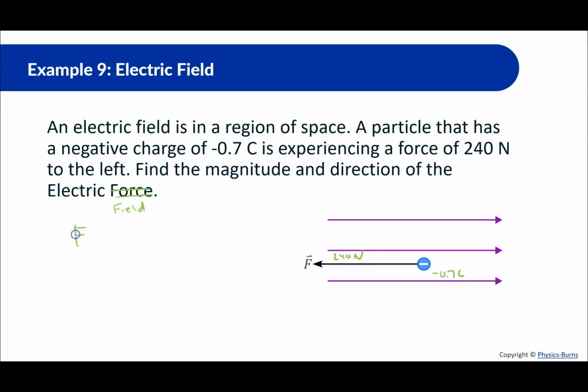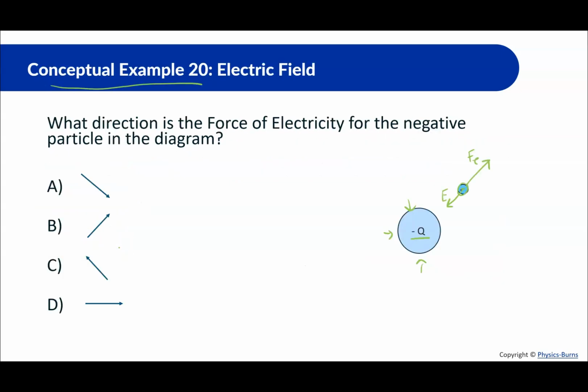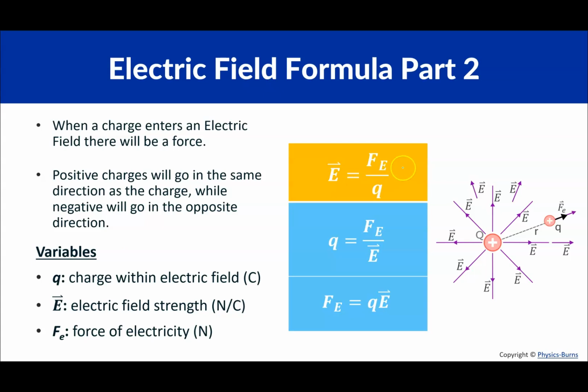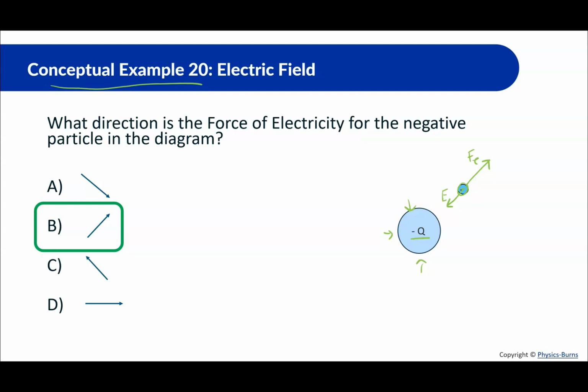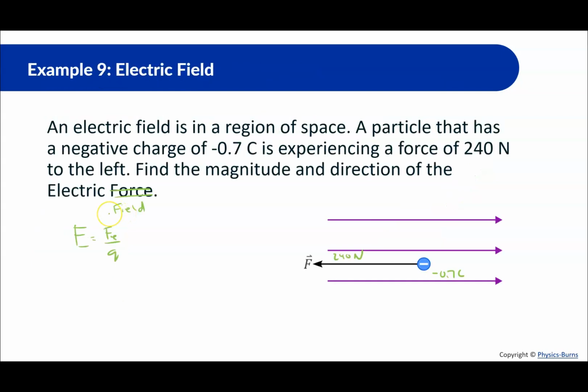Okay. Electric field is going to be equal to Fe divided by Q. So where does this come from? If we look way back, we have this formula that we said from the beginning. Okay, so let's go back. So find the magnitude of the electric field. We'll just plug something in. The force of electricity is 240. And the charge is 0.7 coulombs.